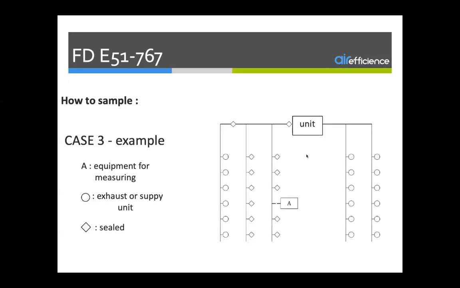And case 3, here the part of the ductwork tested, at least one column to the unit, and the surface area higher than 10 square meter and higher than 20% of the total surface area of the whole system.